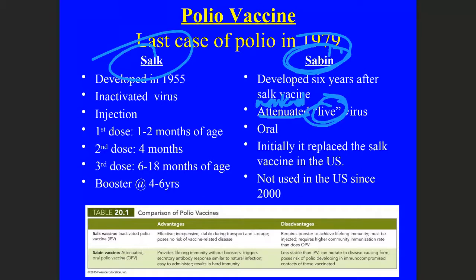What they do there is they take the actual polio virus and grow it in a lab. Because they're growing it in a lab and it's not in an animal, the virus eventually loses its ability to cause disease. Once that happens, they take that weakened virus that can't cause disease anymore, supposedly, and they give that to people as a vaccine.